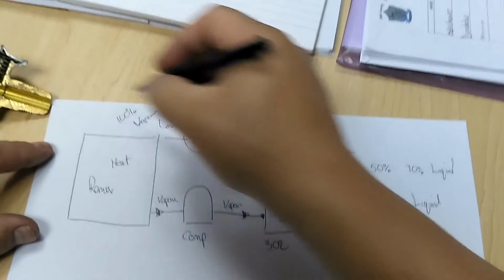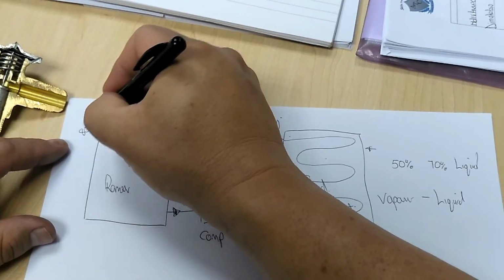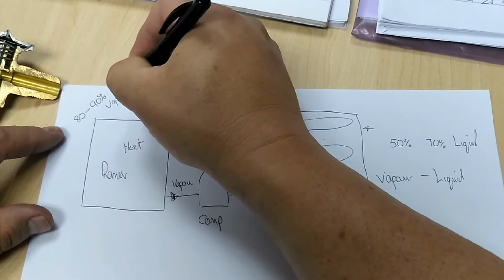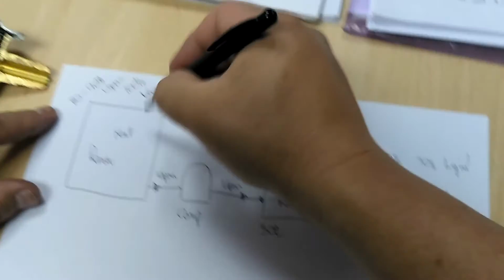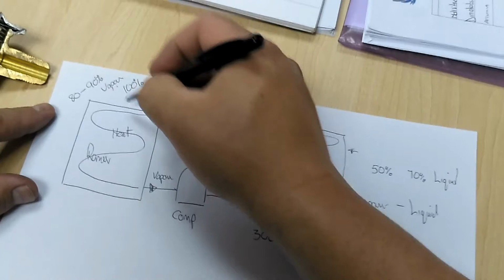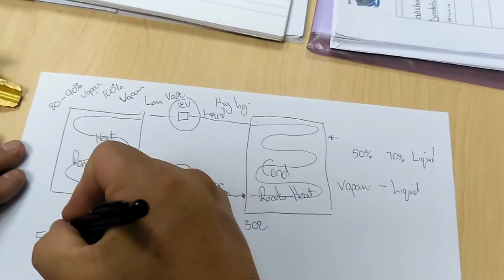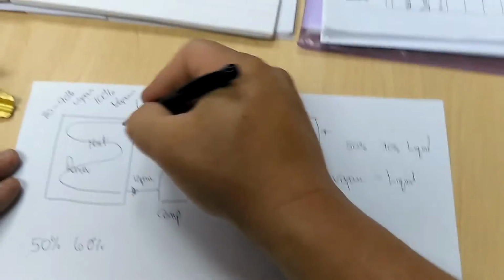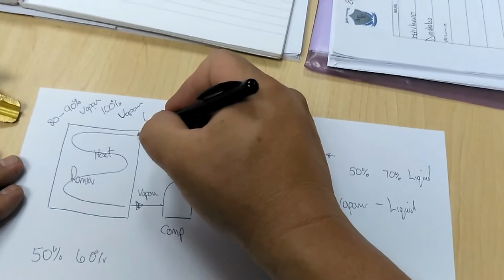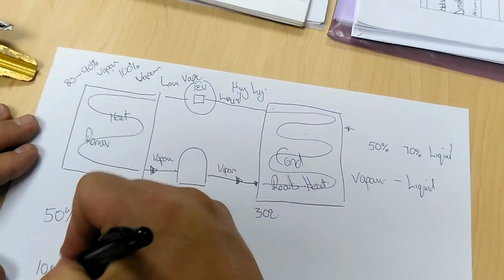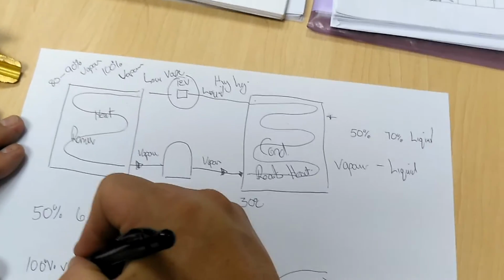We have anything from 80 to 90% vapor. This vapor must pass through the evaporator coil. As it passes through the evaporator coil, at least I would recommend anything from 50 to about 60% of the evaporator's capacity, it changes from 80 to 90% vapor to 100% vapor.